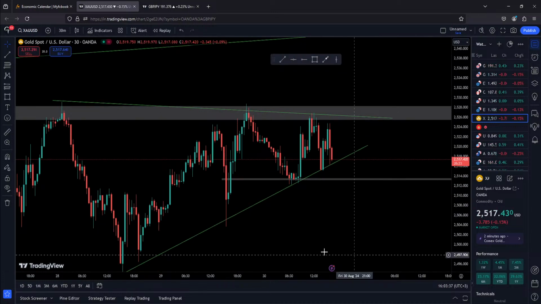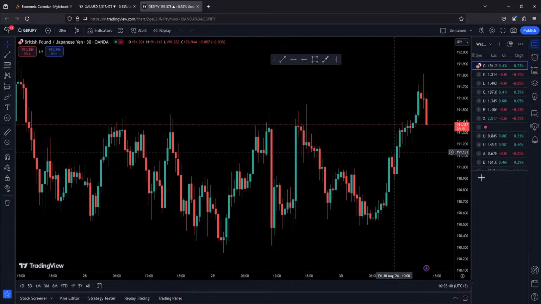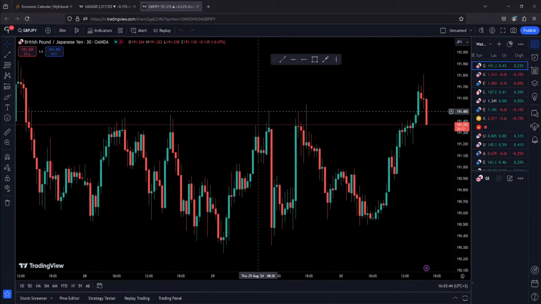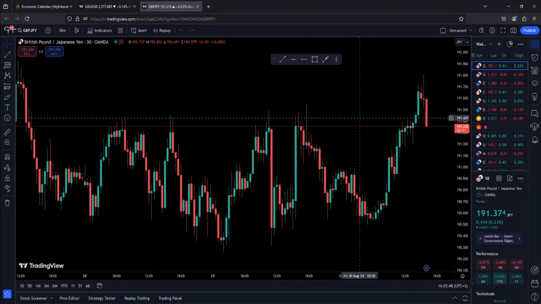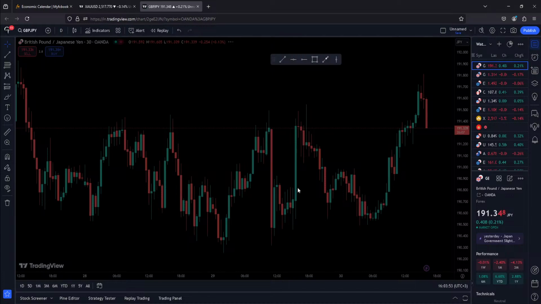So let me just quickly go to GBP JPY and analyze it. Let's see what's the overall trend of GBP JPY.